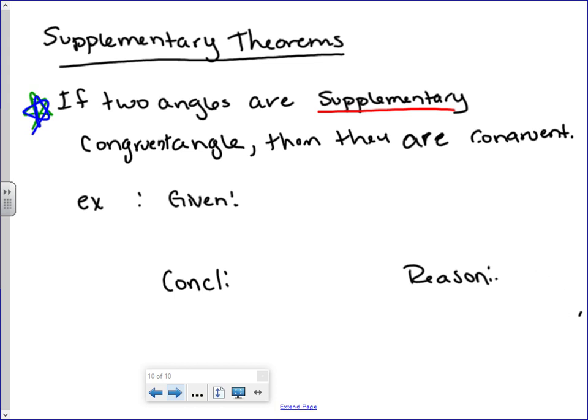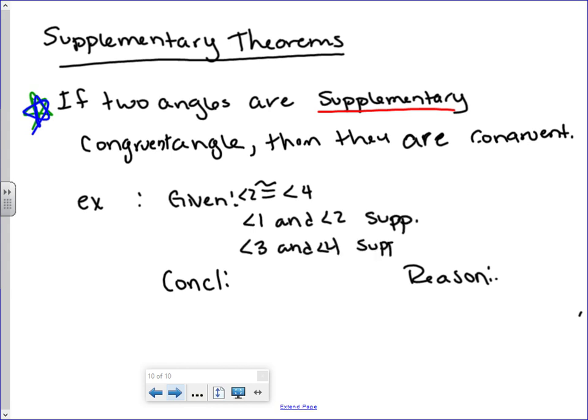So if I know 2 and 4 are congruent, and angle 1 and angle 2 are supplementary, and angle 3 and angle 4 are supplementary, these two angles I can replace either way. So I can make this angle 2 if I want, because I can use substitution or the transitive property. And now it's just like the first example where these now are the same, so they have to be congruent.